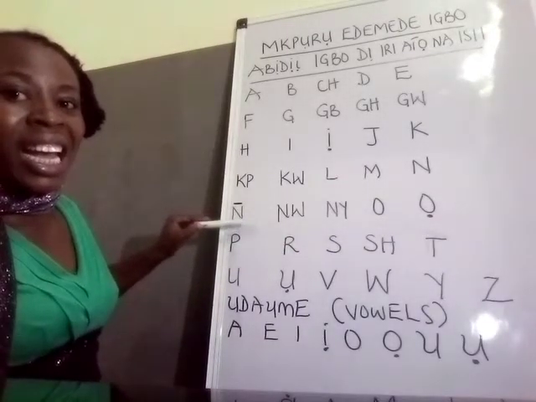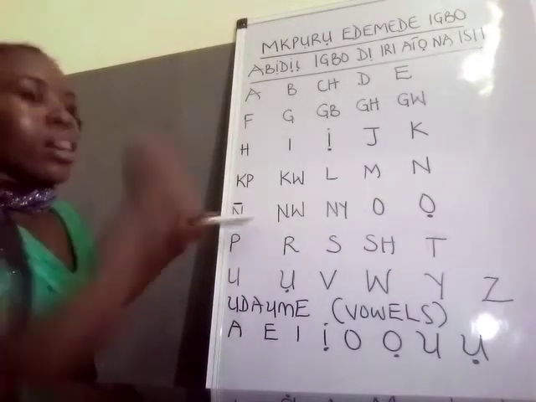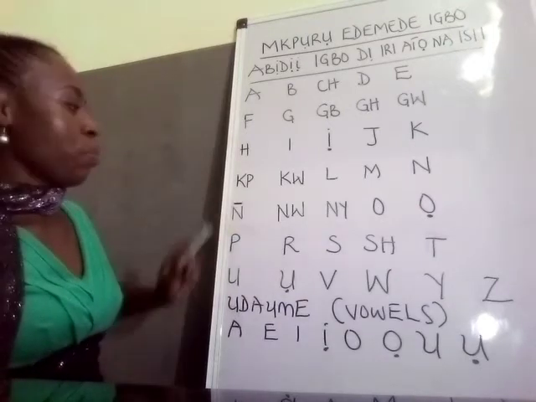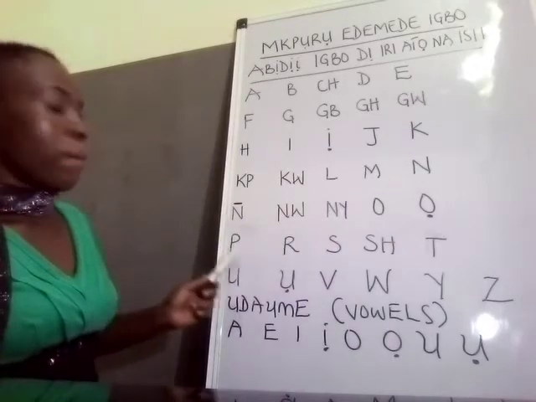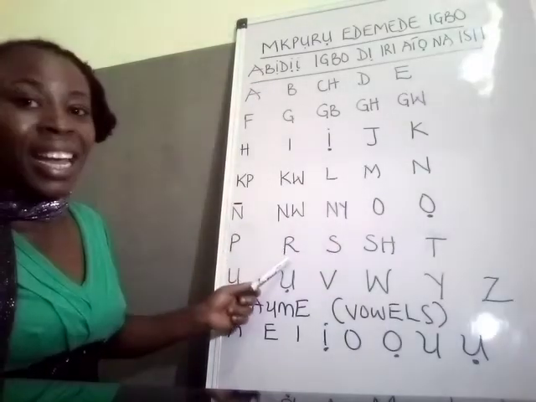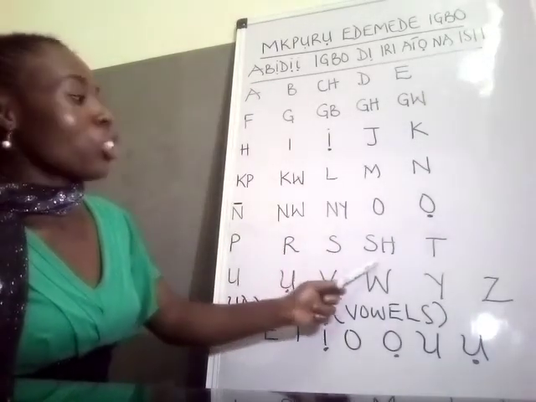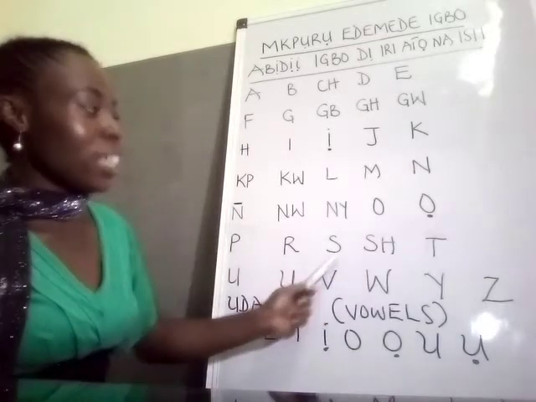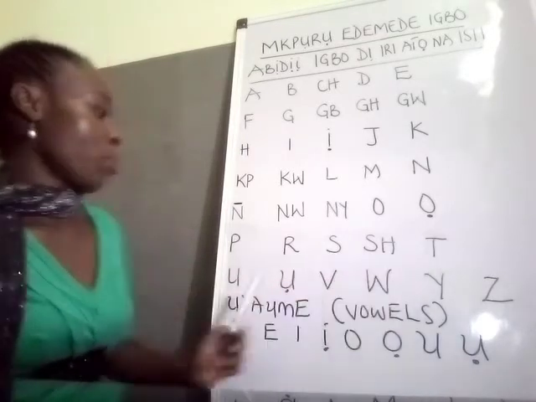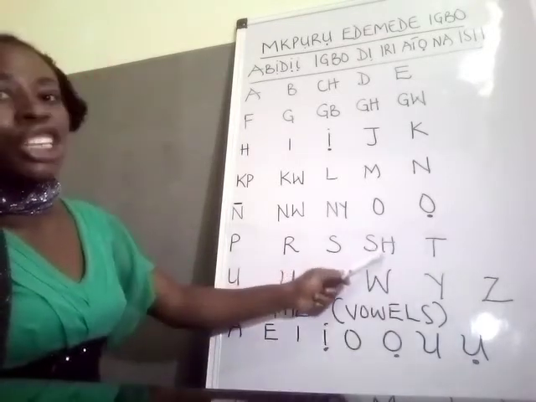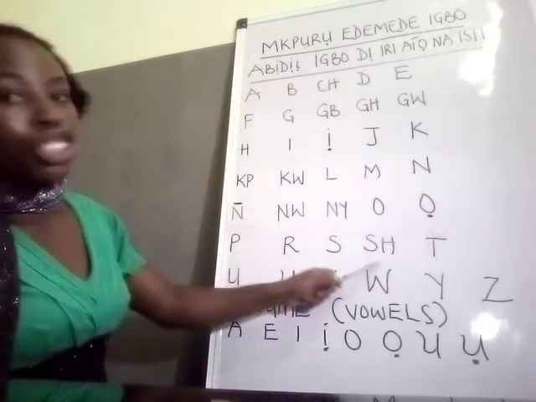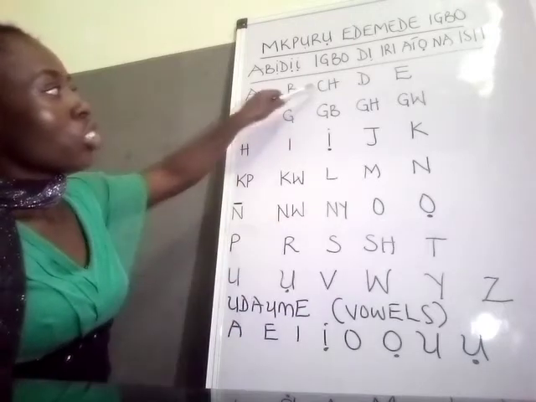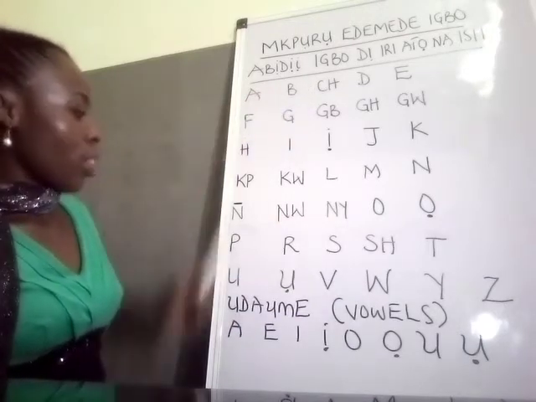Nye, nye, ngwa. Pi, ri, s, she, ti. This is she, and this is chi. They're not the same. She, chi. Okay, let's go ahead.